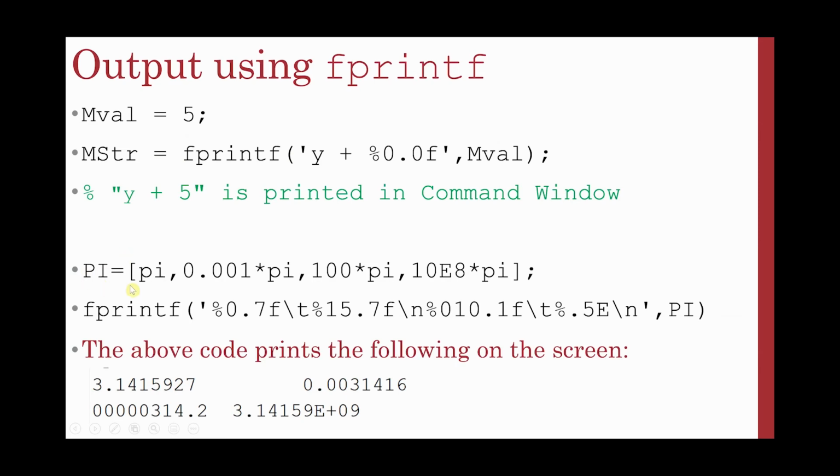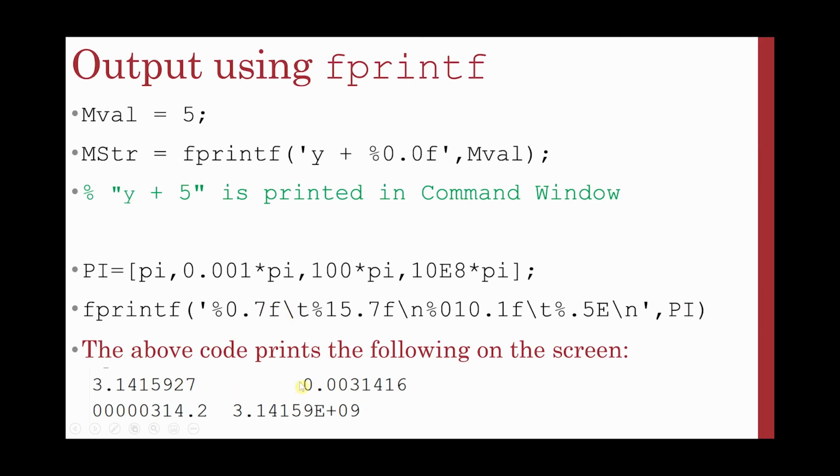If I have pi equal to pi, comma 0.1 times pi, 100 times pi, and 10 to the 8 times pi, and I insert the command fprintf of %0.7f \t, %15.7f \n, %010.1f \t, %0.5e \n, comma pi, what is it going to do? It's going to format the first entry in pi to 7 decimal places.